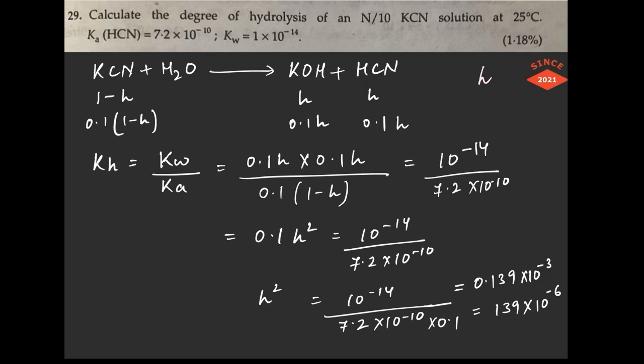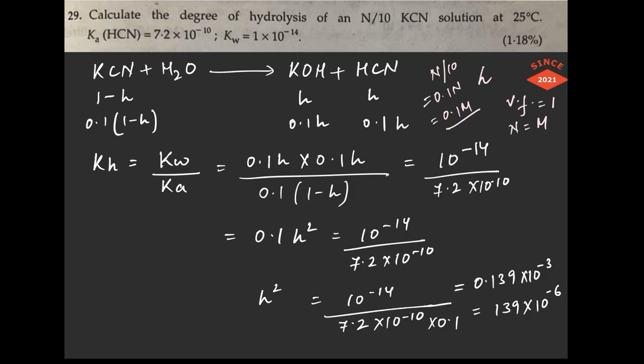Now the valency factor of KCN is 1. So its normality is equal to its molarity, right? So here N by 10 can also be written as 0.1 N. This is the normality, and it can also be written as 0.1 M. This is the molarity.